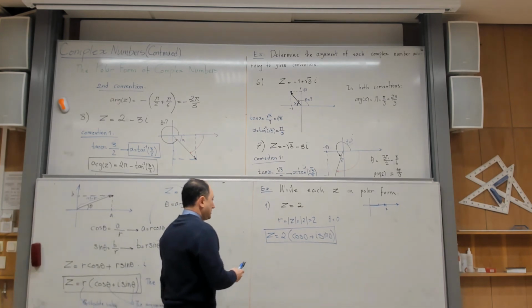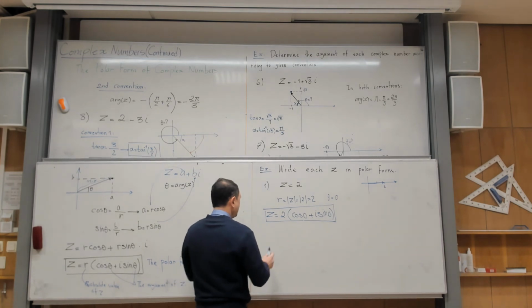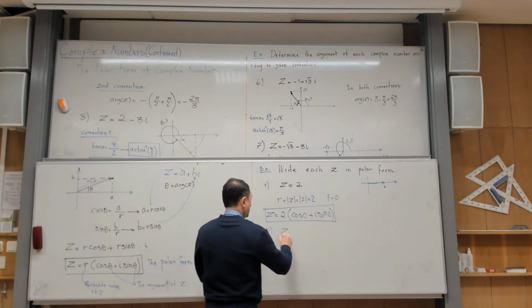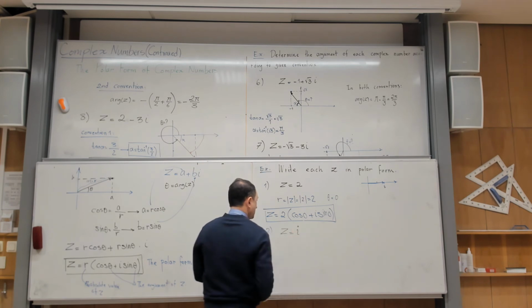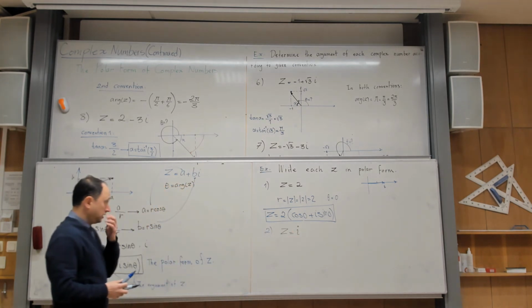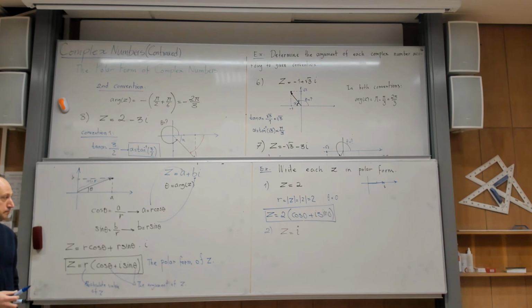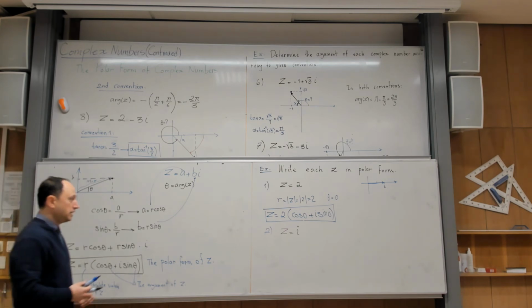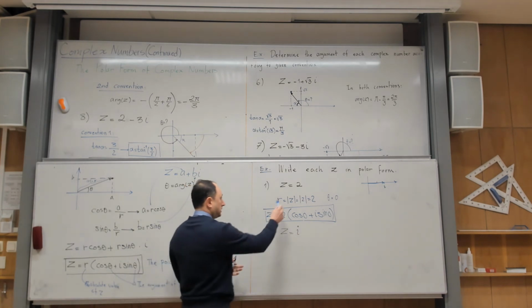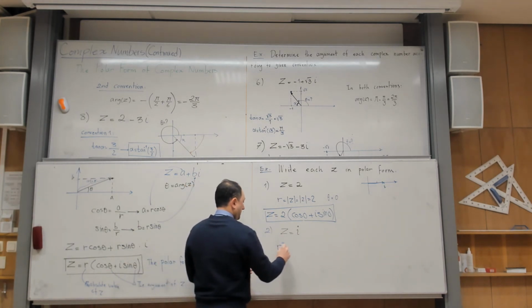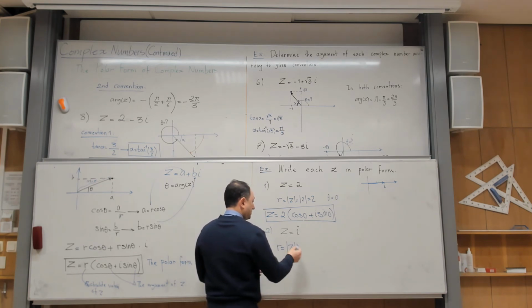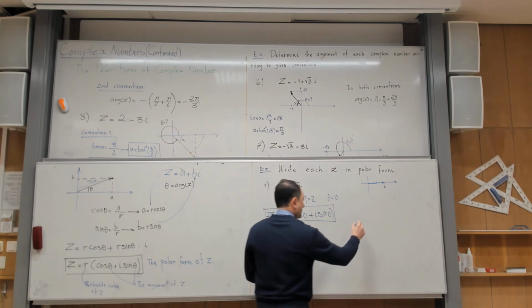Okay, so let me just do one more here. Let me write the polar form of the imaginary unit. z equals i. I want to write its polar form. So the first thing that I have to do is to calculate the absolute value. But do you remember the absolute value of a complex number? How was it defined?